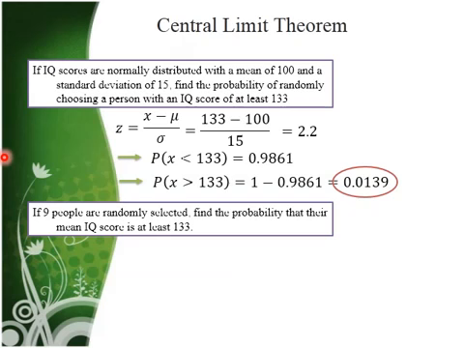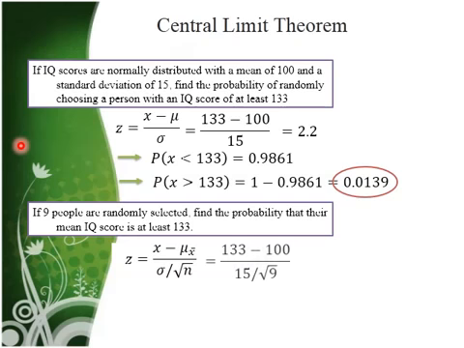Now I want to compute the z-score, however I'm looking at a sample of people. So instead of using the standard deviation of one person, I need to find the sample standard deviation, which we said earlier was the standard deviation of my population divided by the square root of the sample size.